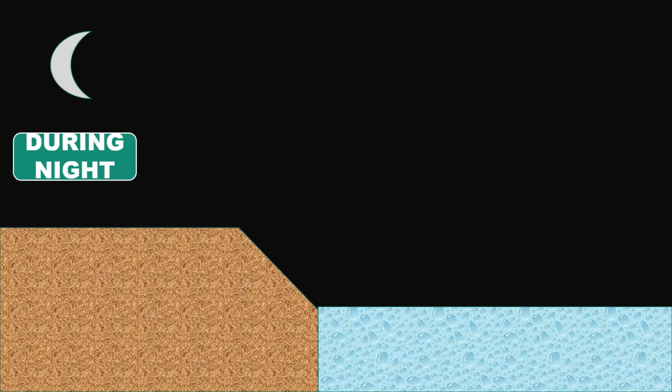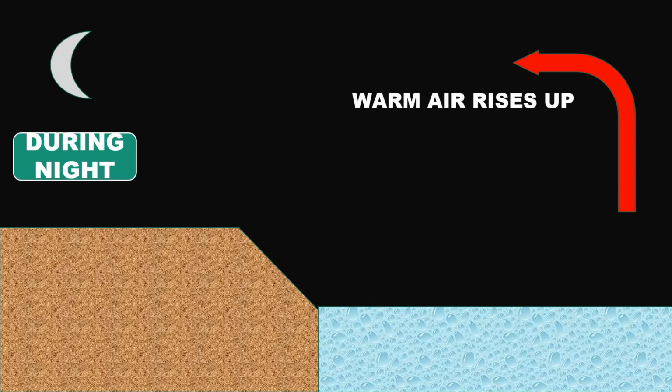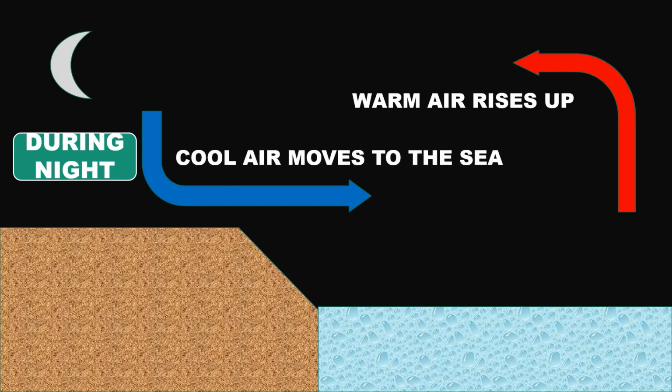Therefore, at this time of the day, the air above the water is warm and therefore it rises up. Now this time creating a vacuum or a void over the sea, which is then filled in by the cool air that moves from the land towards the sea.